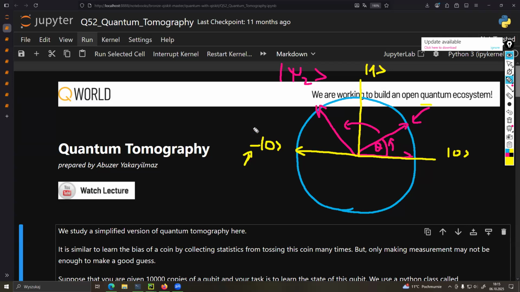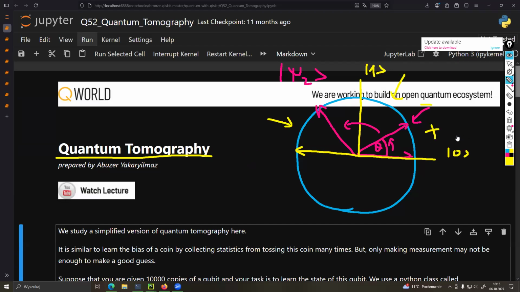And this is where quantum tomography comes in, because it allows us the proper technique of preparing experiments that can reveal whether we were, for example, in this quarter or this quarter, right? So we can expand our circle not only to this quarter where there are only positive numbers, right?